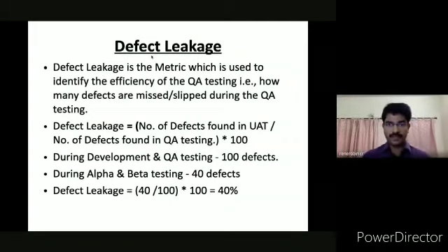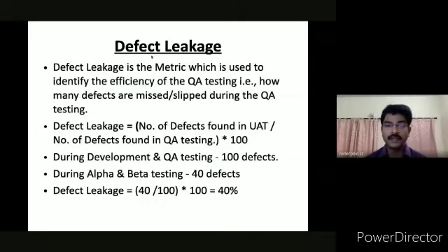Okay. So in that case, we have to identify the defect leakage. Defect leakage is the metric which is used to identify the efficiency of quality assurance testing, that is, how many defects are missed or slipped during the quality assurance testing. Defect leakage is equal to the number of defects found in the user acceptance test divided by the number of defects found in quality assurance testing, times 100.